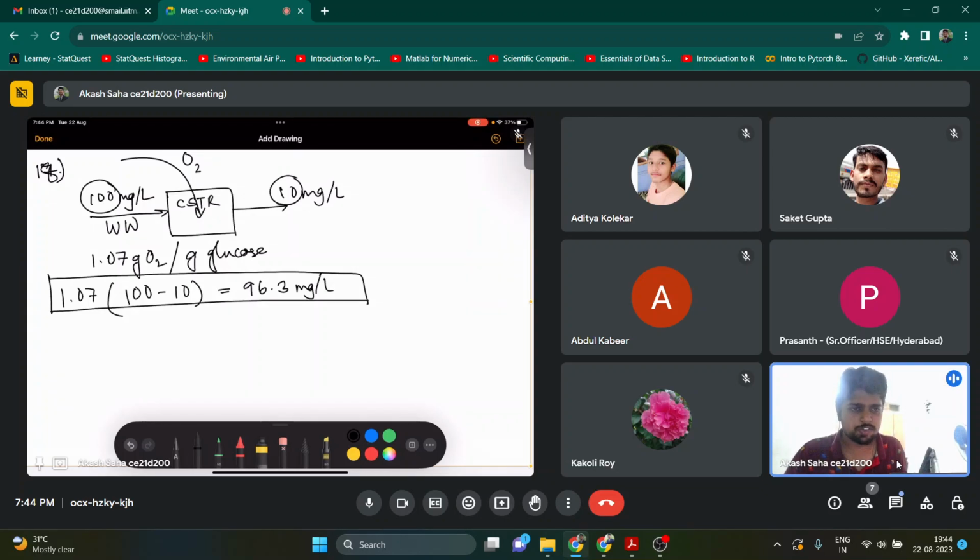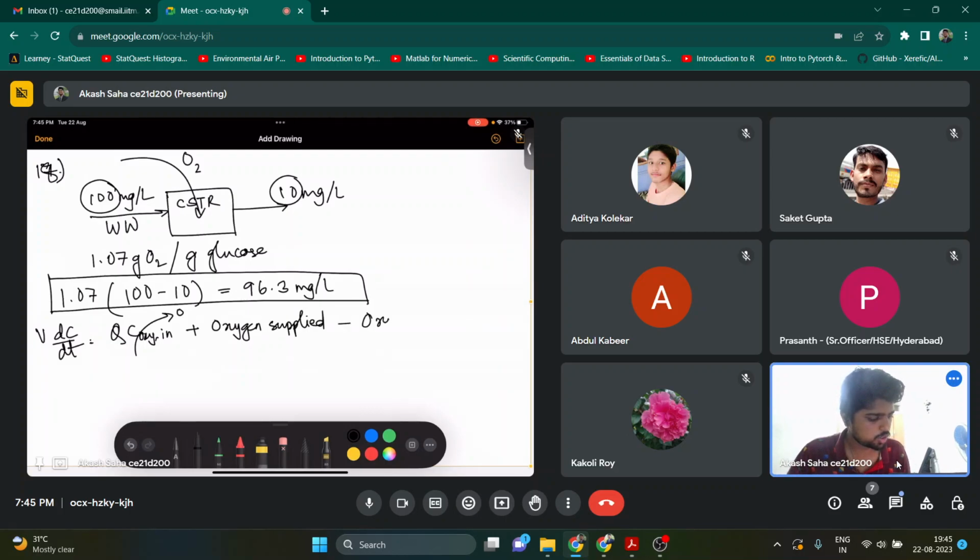Now if you see the mass balance equation, it will be V dC by dt equals Q into C in. How much oxygen is coming in? We know that no oxygen is coming in with the wastewater, it is 0. Plus oxygen that is supplied, this we have to find out.